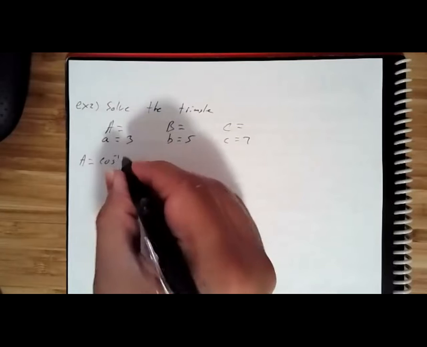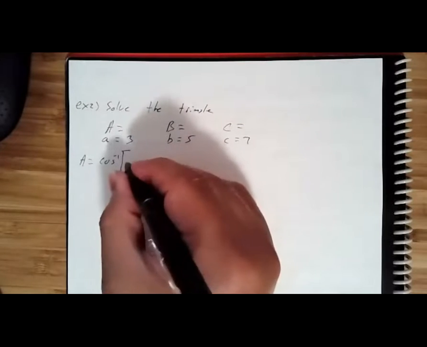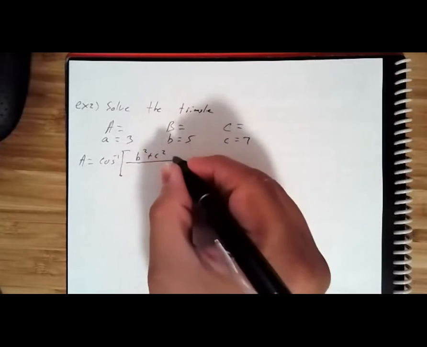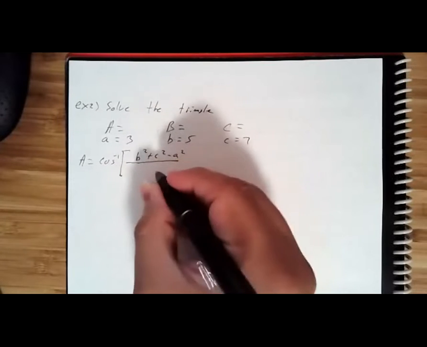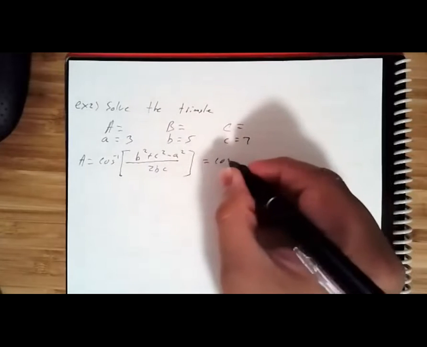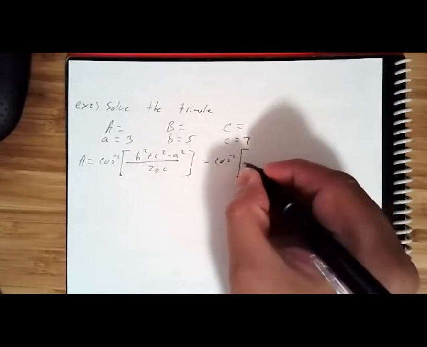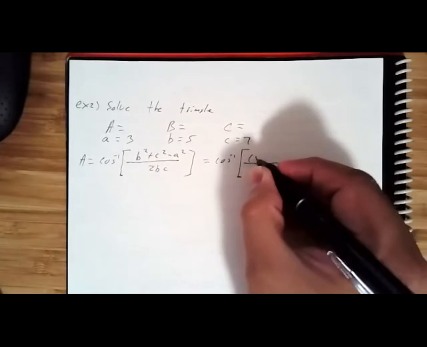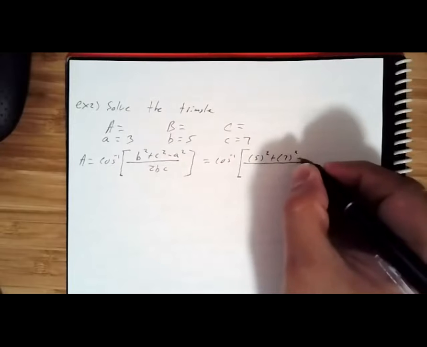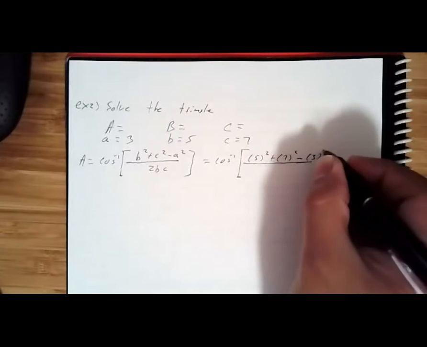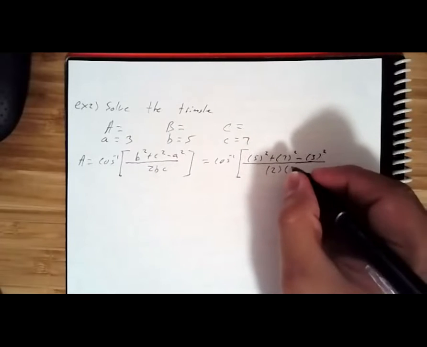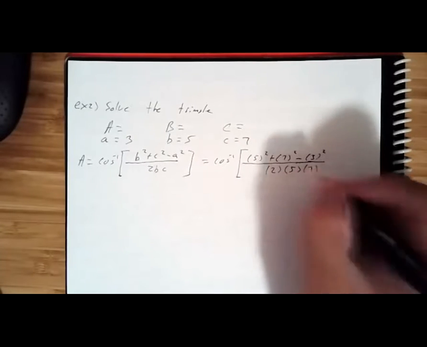Capital A is cosine inverse. If we look at the formula, it should be b squared plus c squared minus a squared over 2bc, which will be cosine inverse of 5 squared plus 7 squared minus 3 squared over 2 times 5 times 7.